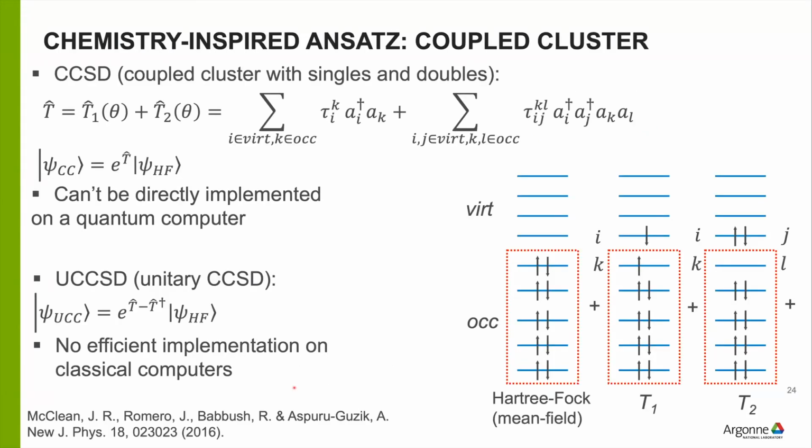The first type of ansatz is so-called chemistry inspired, the unitary coupled cluster ansatz, where basically we use a unitary version of the very common quantum chemistry method, coupled cluster with singles and doubles, where essentially we have an excitation operator, the exponential of the excitation operator applied to the Hartree-Fock wave function.